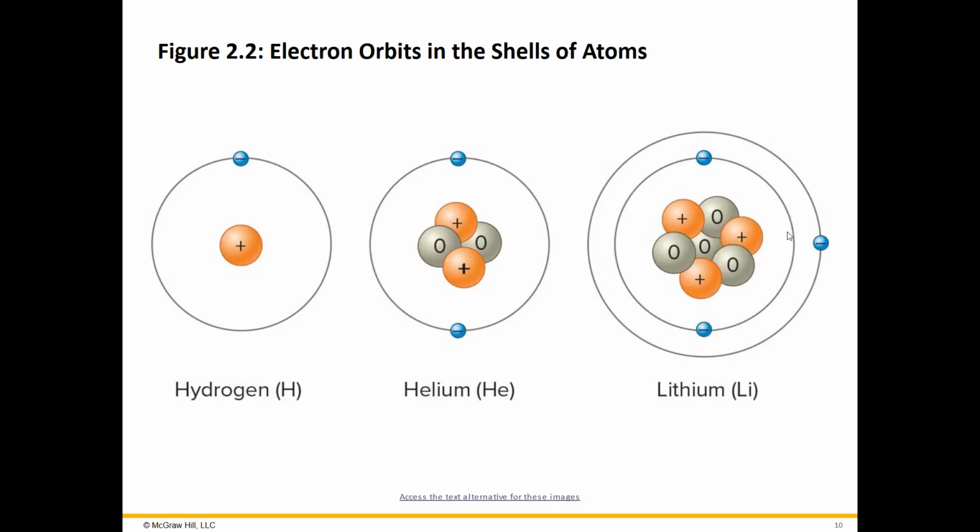Okay. Let's look at lithium. We just did this example. Yeah, 3 protons, 4 neutrons. Is it an isotope? It sure is. It's an isotope with an atomic mass of 7. Now, lithium is reactive because it has an outer shell that does not have 8 electrons. It has 1 electron in its outermost shell.